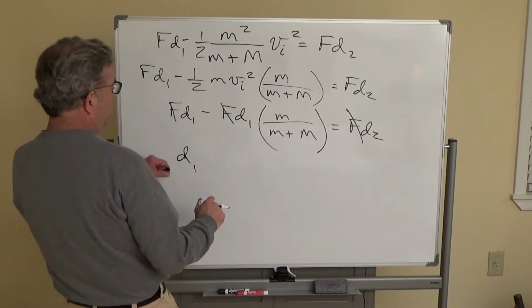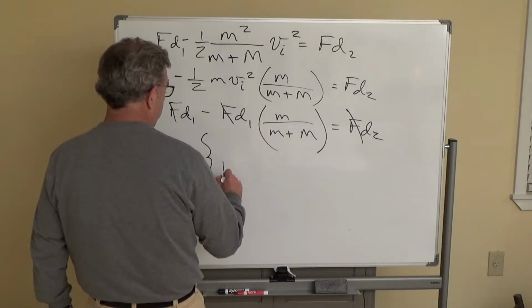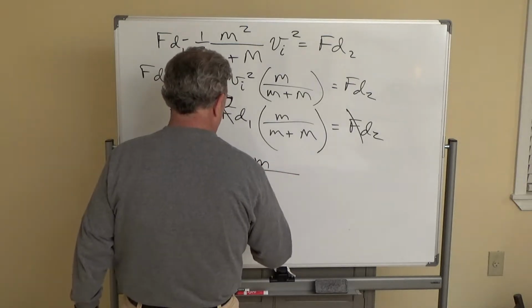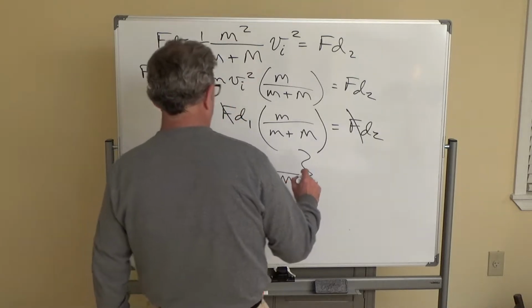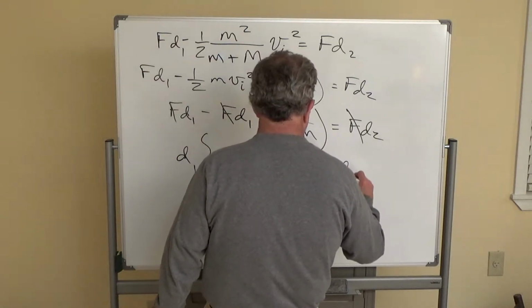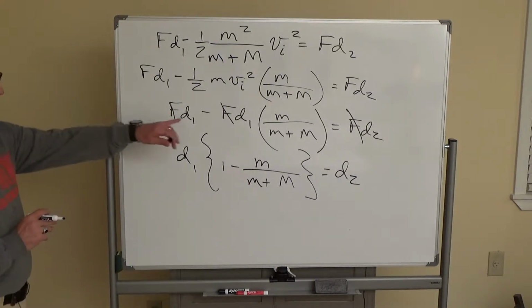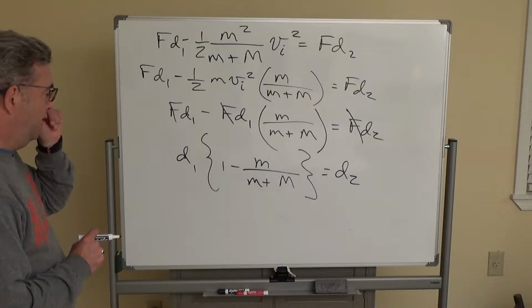Keep wanting to write an equals. Factor out D1 and I get D1 times 1 minus little m over little m plus big M, and that equals D2. The F's cancel. Factored out a D1, that looks right.